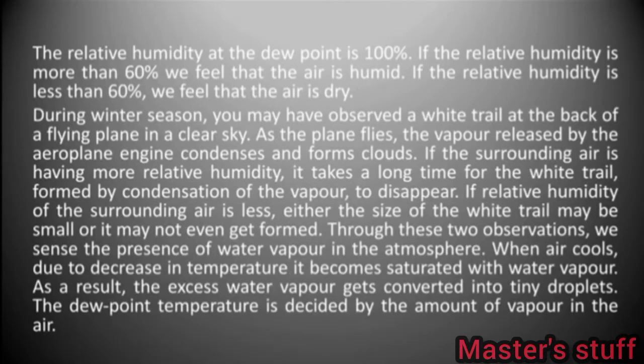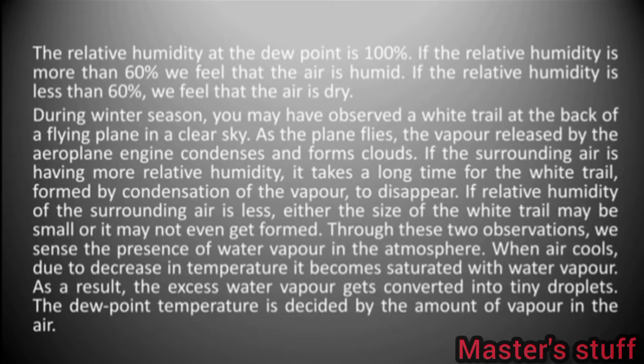During winter season, you may have observed a white trail at the back of the flying plane in the clear sky. As the plane flies, the vapor released by the airplane engine condenses and forms clouds.